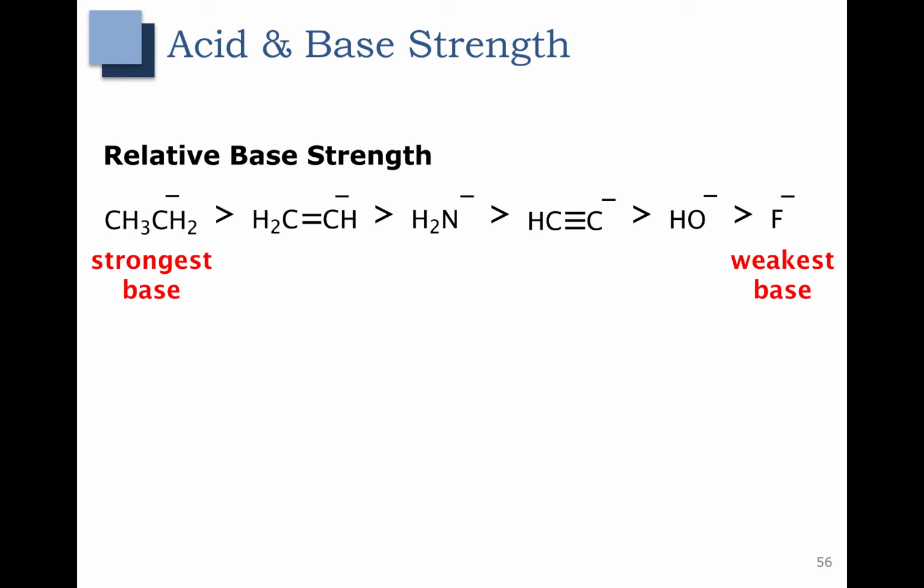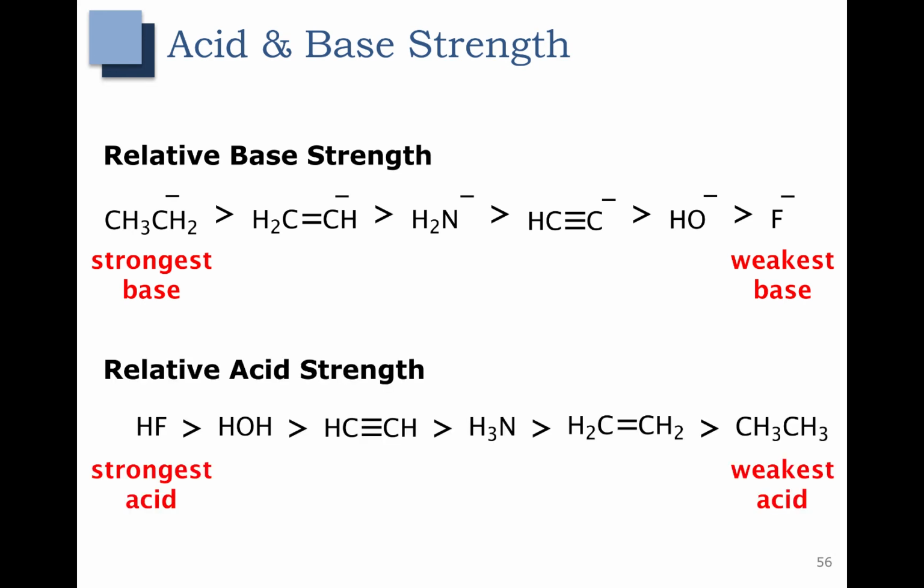If you put this all together, you're going to see the following trend. Our strongest base is going to be a negative charge on an sp3 hybridized carbon, then a negative charge on an sp2 hybridized carbon, then our negative charge on a nitrogen, and then a negative charge on an sp hybridized carbon. And then we have our negative charge on an oxygen. So that's how this all fits in. And so you can see the trend for relative acid strength here.